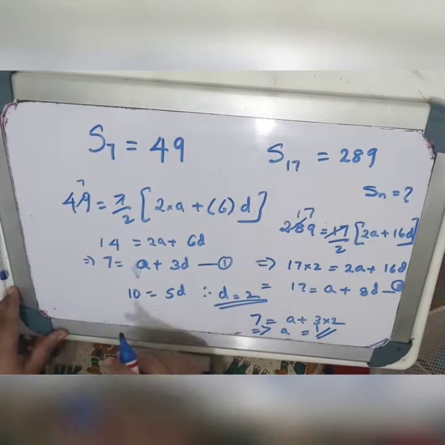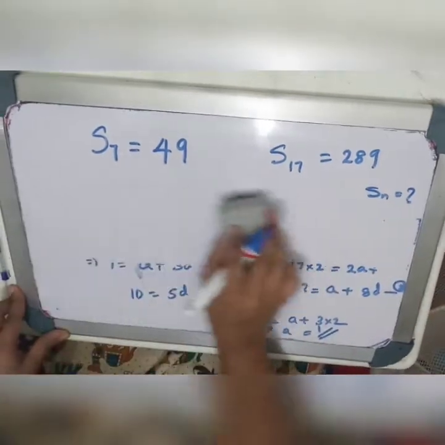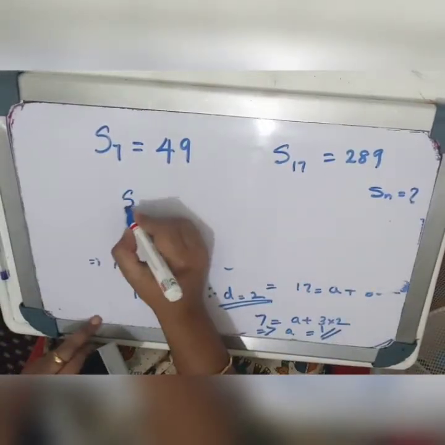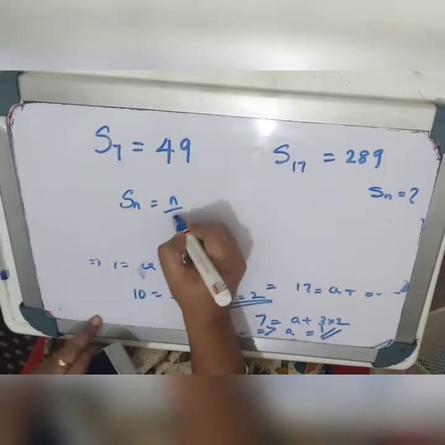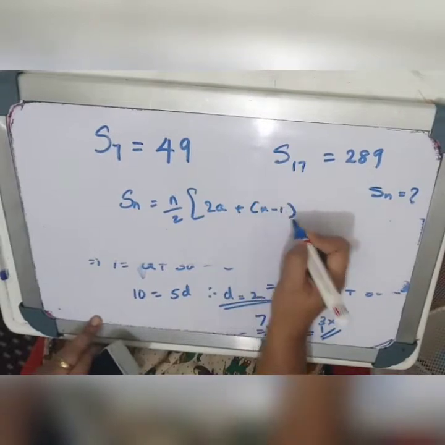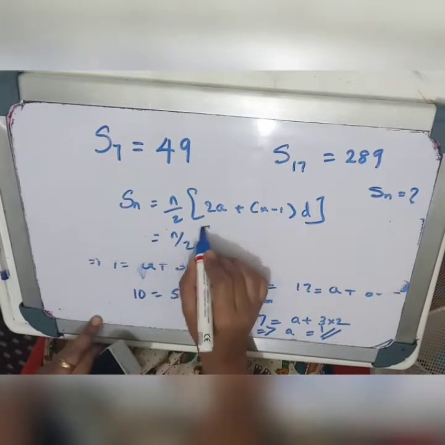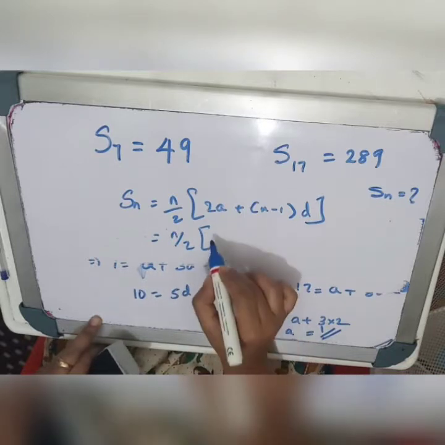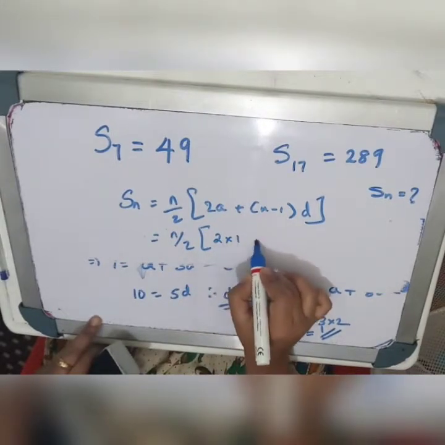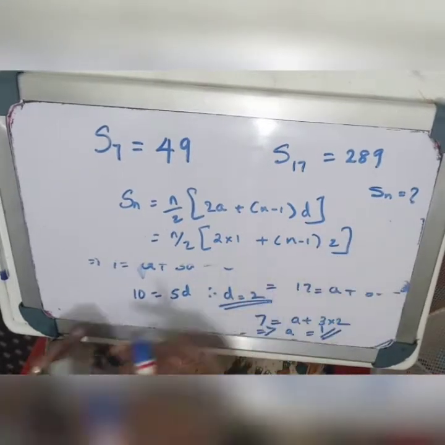Now let's write the expression for Sn. Sn is equal to n by 2 into 2a plus n minus 1 into d. Substituting n by 2 into, a is 1, so 2 into 1 plus n minus 1 into d, d is 2.